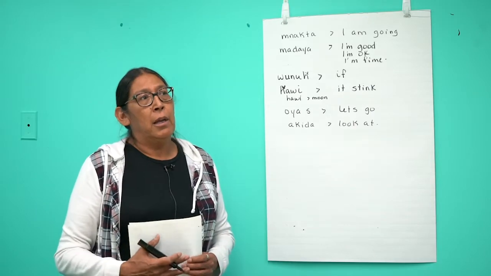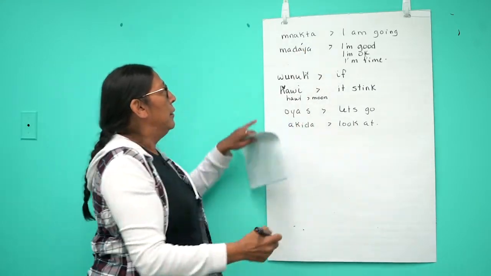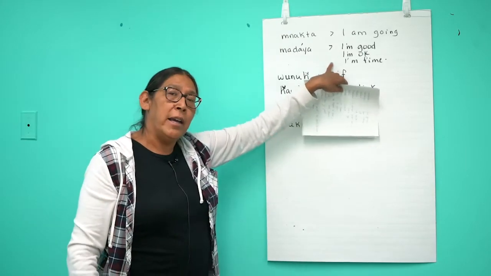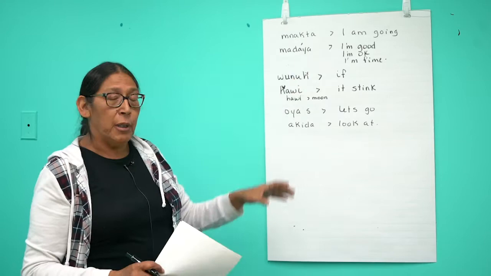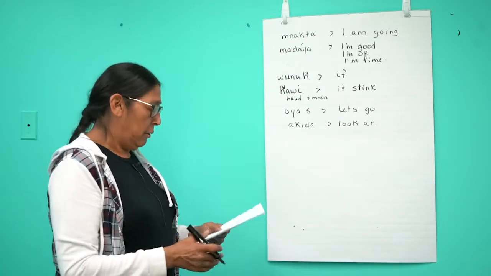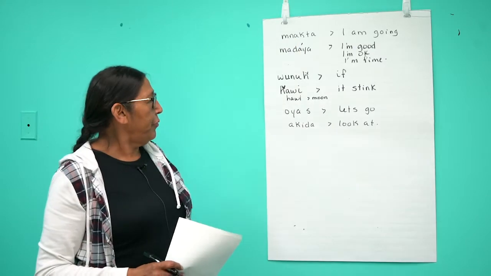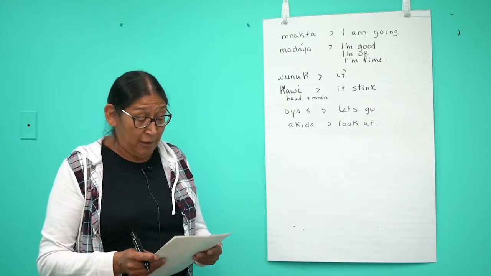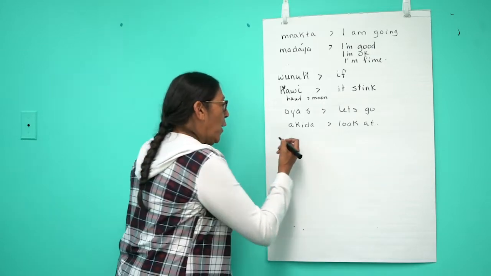They really emphasized every word, and when you say madaya, like I'm good, you put emphasis on the second syllable. So when you speak Nakoda, I know I don't use those emphases. I try, but we'll go wana, wana, wana.